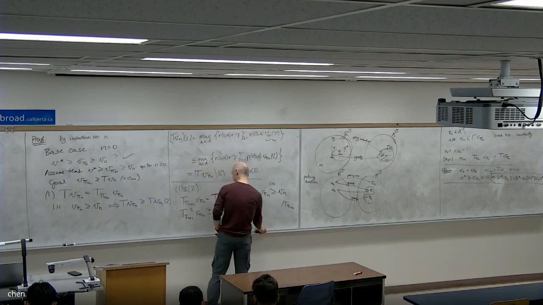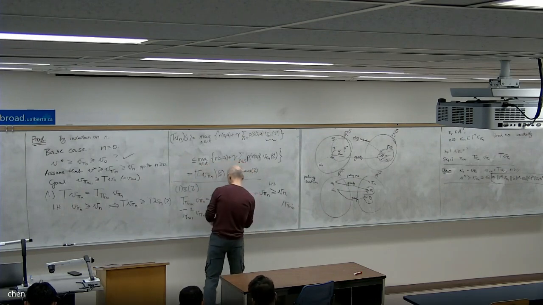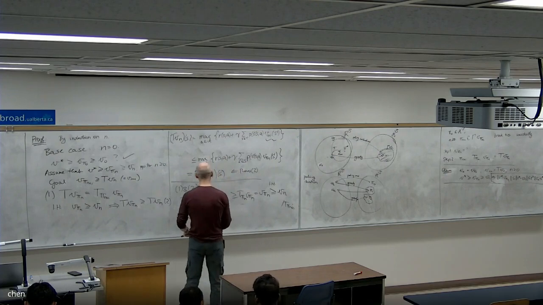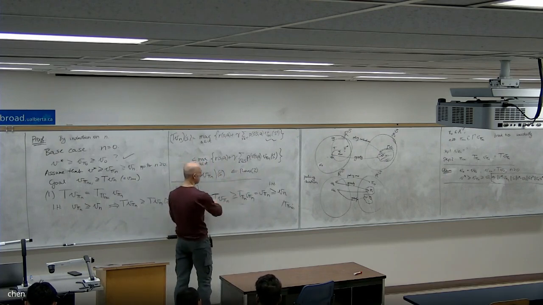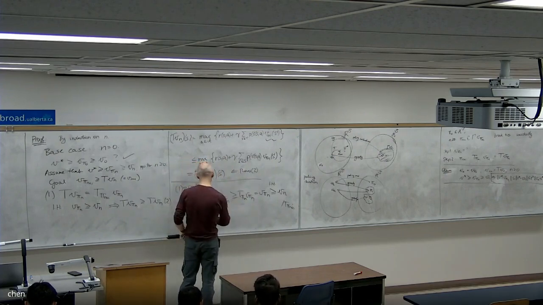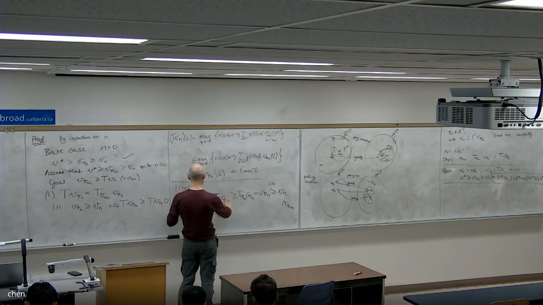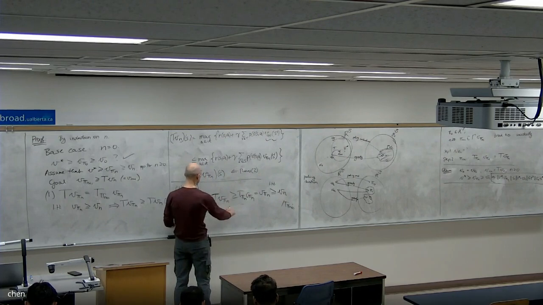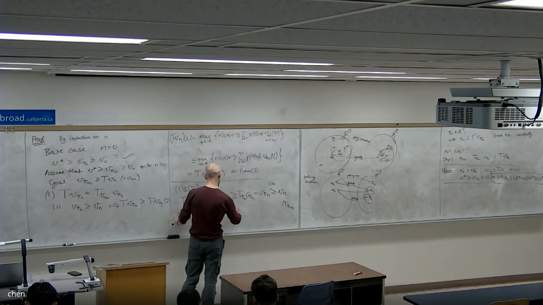Okay, so apply T pi on both sides. But we have to write the whole thing. So this is equal to that. Apply T pi n plus 1 to both sides. You get this inequality. Go up to there.